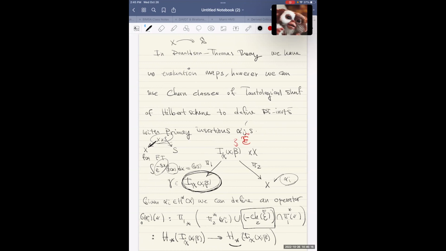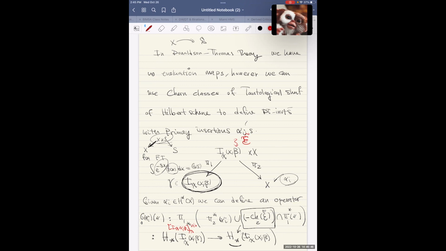And it can produce an element of homology in here, or a number. So, okay, in particular, one of those very useful elements is the virtual class itself. The virtual class of this moduli space is exactly an element in here. So I apply my operator on the virtual class, and I give you a number.